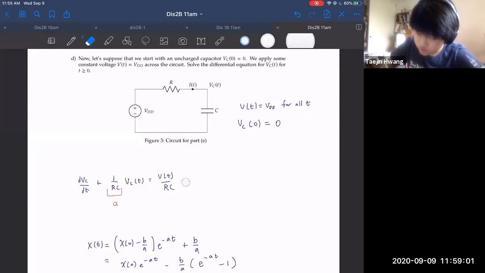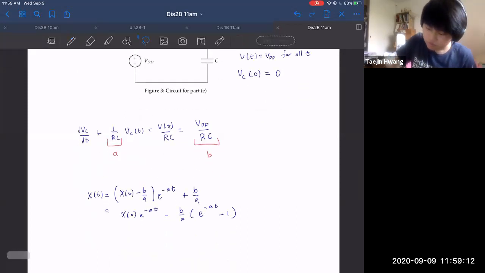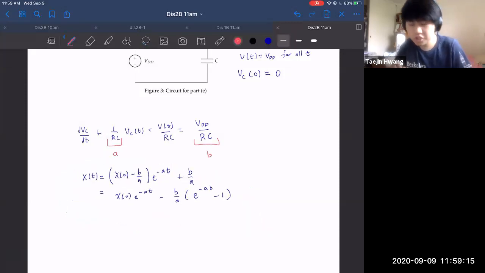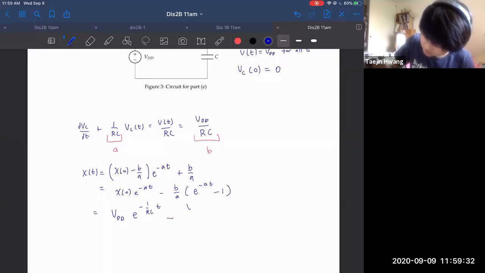So if we were to actually evaluate V of t here, we would see that this is equal to VDD over RC. And this would be our B. And after that, we're just plugging into our solution. So we're just plugging in VDD, e to the minus 1 over RC t, minus, and then B over A is just VDD over RC, all over 1 over RC, e to the minus 1 over RC t, minus 1.